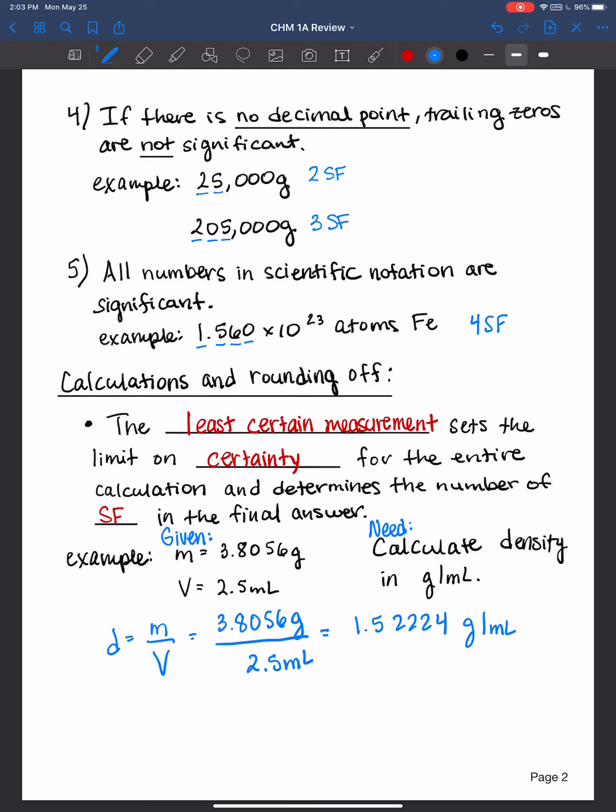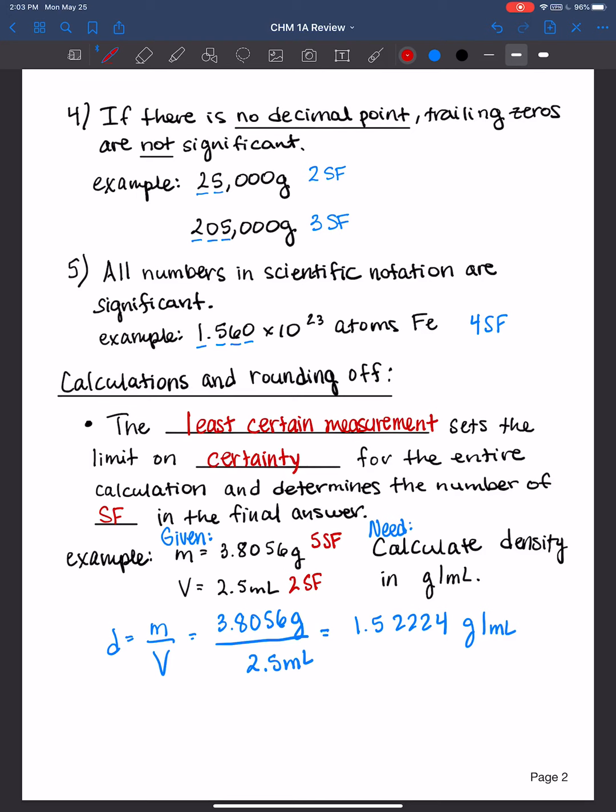Let's come back here and look at our data. How many significant figures is the mass? 1, 2, 3, 4, 5. Good. 5 significant figures. How about the volume? Excellent. 2 significant figures for the volume.